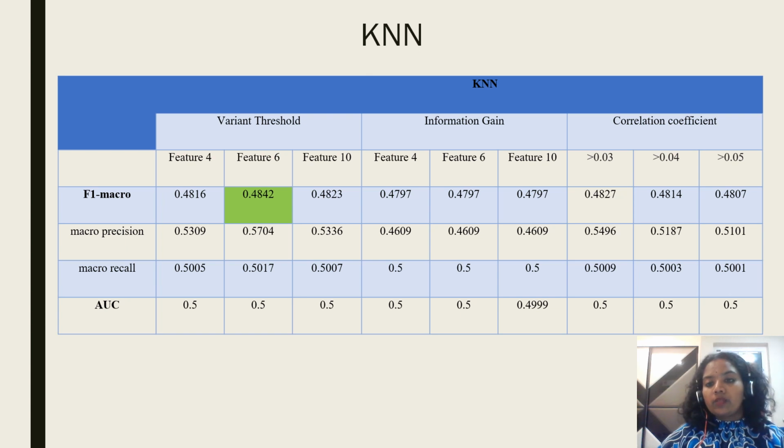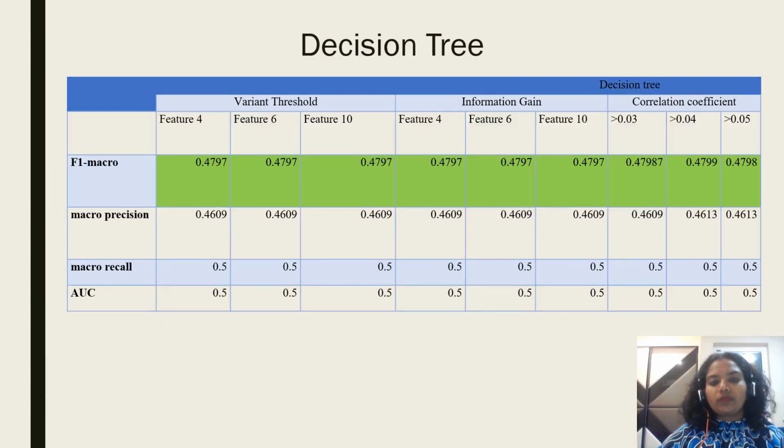Let's move to the next one. The next model that I've picked is the decision tree. In this case, we have also used all three techniques for the decision tree. But when we see the AUC, all the AUC are similar, which is 0.5, and the F1 macro is also almost similar.